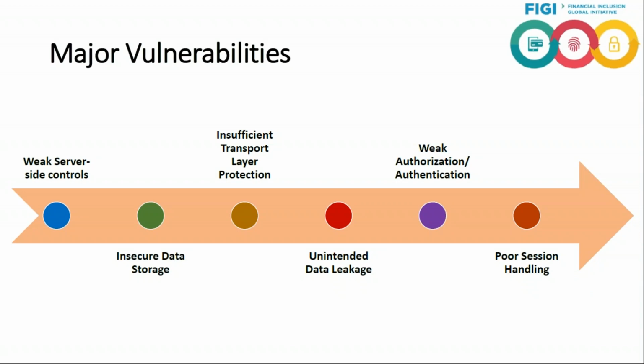Some of these vulnerabilities we have highlighted here: weak server-side controls, insecure data storage by the apps, insufficient transport layer protection, as Kevin discussed in detail regarding the adoption of TLS, unintended data leakage, weak authorization and authentication, and poor session handling. Some of these vulnerabilities exist in the apps if they are not following certain standards. So our app security framework addresses these major vulnerabilities.